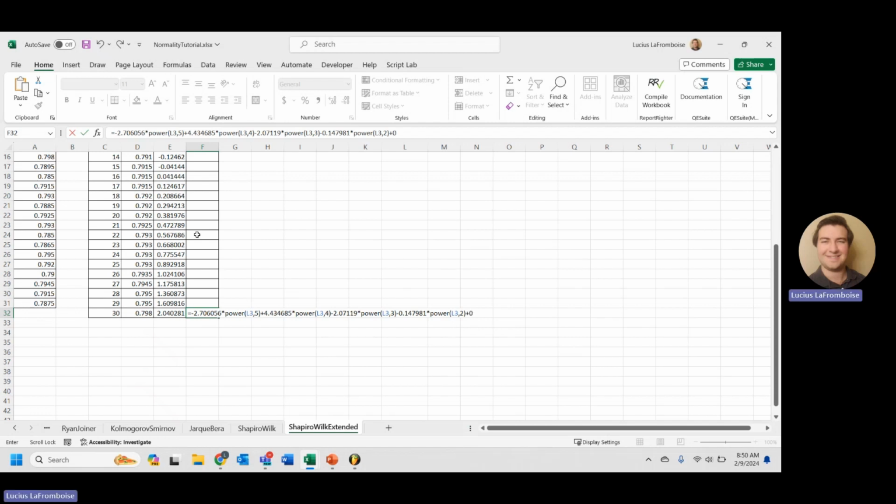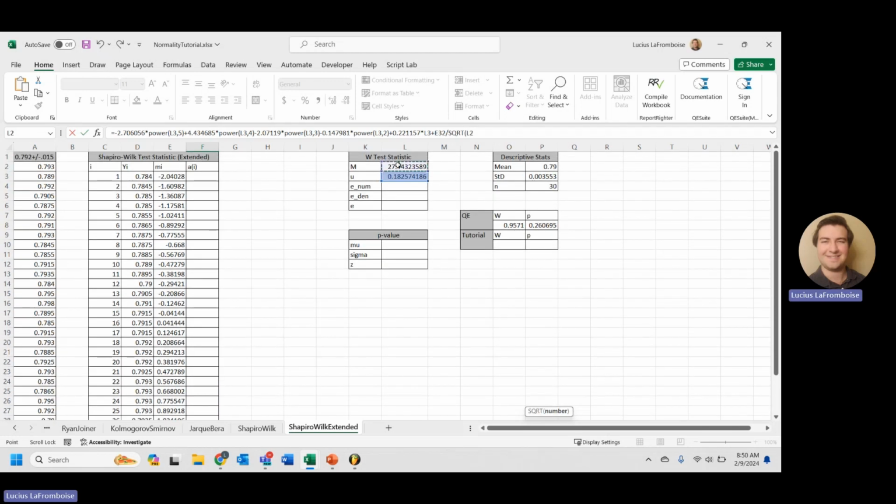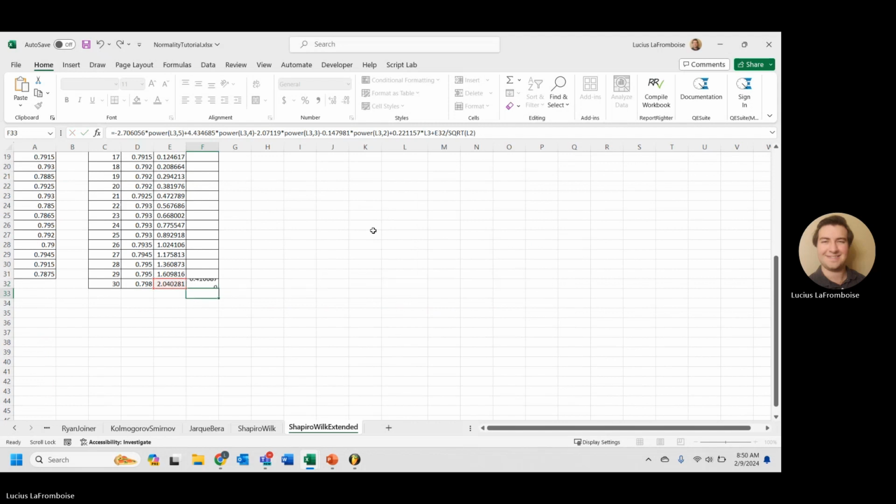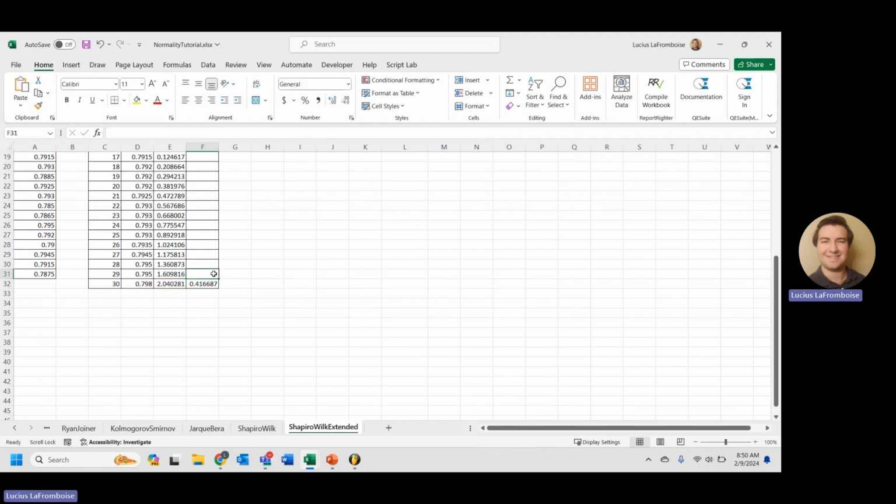Then we're going to add 0.221157 times L3, which is U. And then we're going to add our MN divided by the square root of capital M. Enter. All right, there we go. We have our AN value.